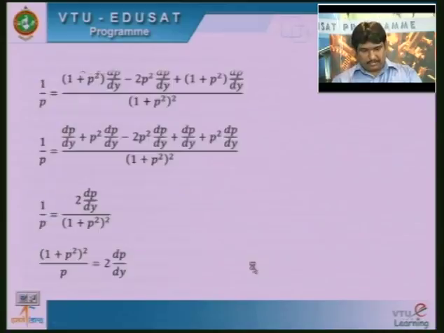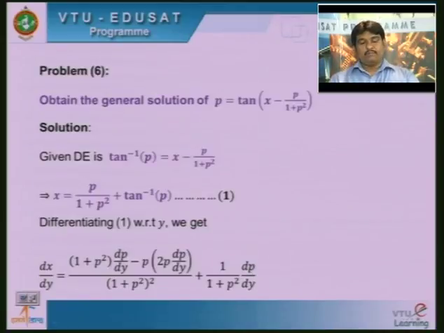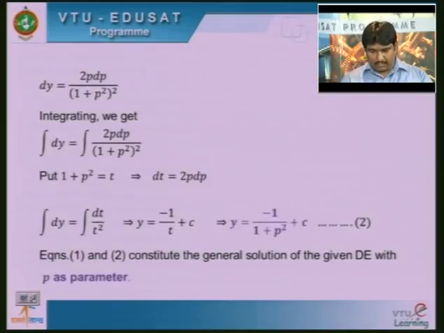And the given differential equation, or else from 1 you can see it is x equals p by 1 plus p square plus tan inverse of p. So from 1 and from 2 you can see elimination of p is not that easy. We cannot easily eliminate p to get a relation in terms of x and y explicitly.